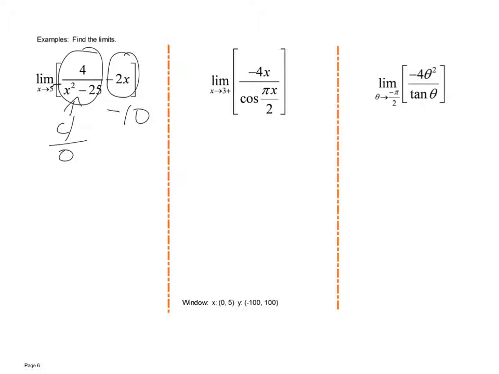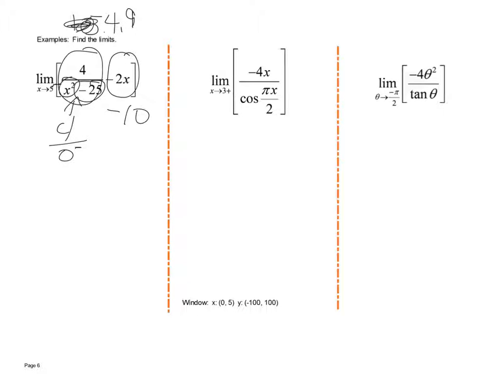So if I pick some small number just to the left of positive 5, so I'm picking it to the left, 4.9. If I do 4.9 squared, that's something less than 25. So I have something less than 25 minus 25.